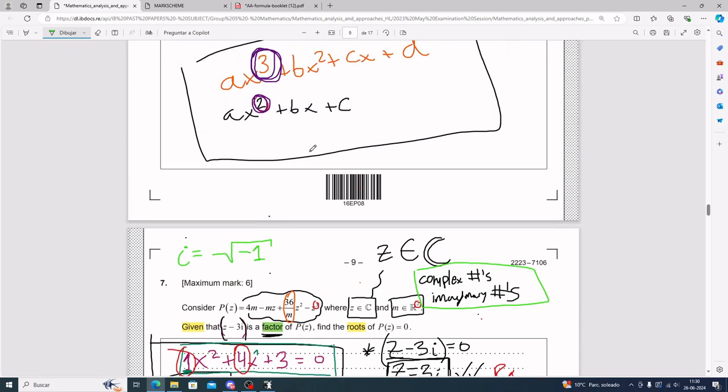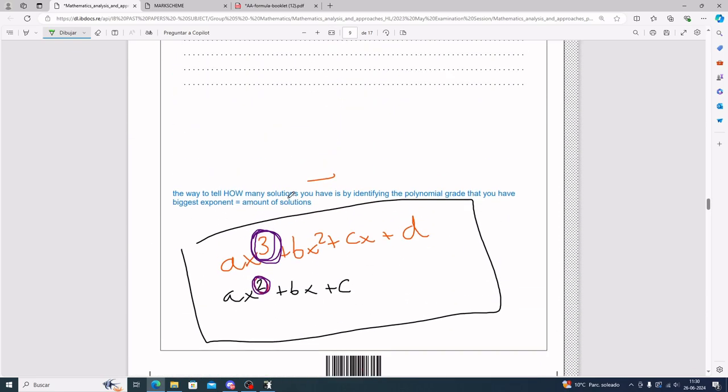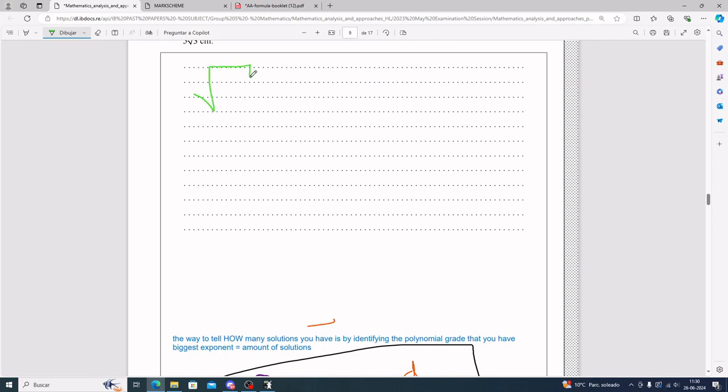And so the reason imaginary numbers exist in the first place is because if you ever, for example, have square root of 4, you're going to tell me the solution has to be plus or minus 2. Because you can do 2 times 2, and that gives you 4. Or you can do -2 times -2, and this also gives you 4.